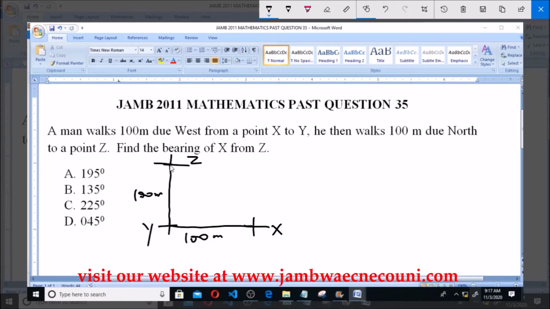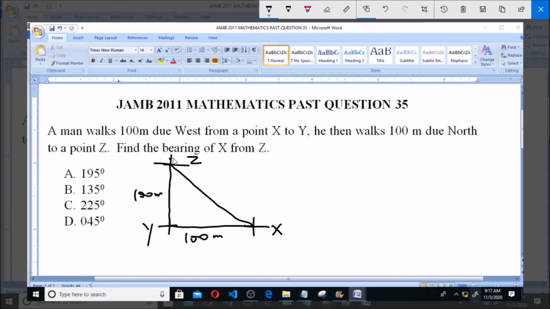Now let's join X to Z. Now the bearing of X from Z is this angle from here to here. Let's divide these angles into two.